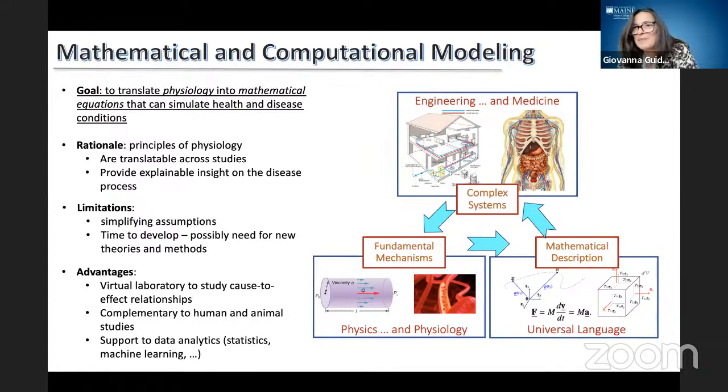But it can also happen that what we actually see in the data is not what our model predicts. And that is informative too, because that would point to the fact that maybe there are other mechanisms that we did not deem as essential at the beginning of our model development, which indeed have to be taken into account. And so this is really an iterative process that can help really dig deeper into the understanding of what happens in the human body.